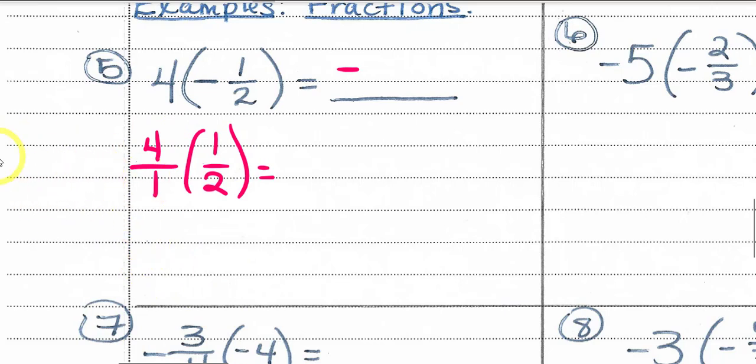So 4 times 1 gives me 4, and 1 times 2 gives me 2. I have 4 over 2. Well, we know that fractions are division, and I can simplify this to 4 divided by 2, which is going to equal 2. And my answer will then be a negative 2.